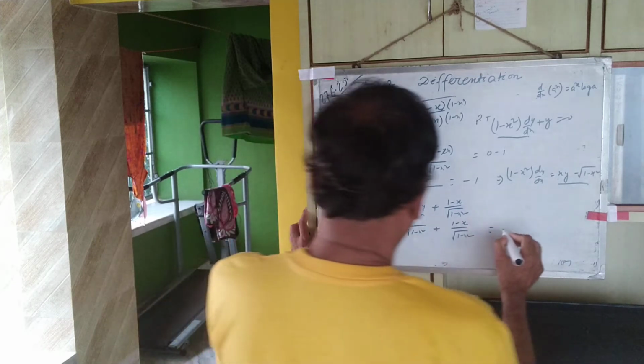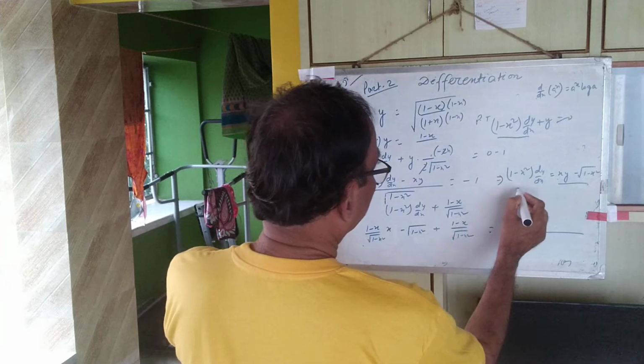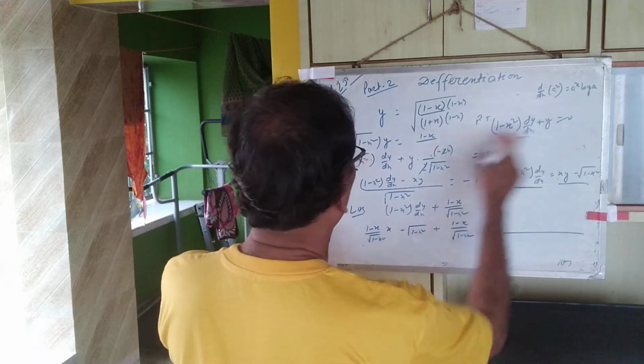Okay, now here this minus this, the value of this is xy minus this plus the value of y from here this.